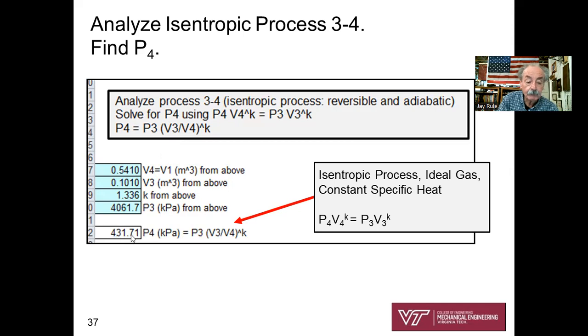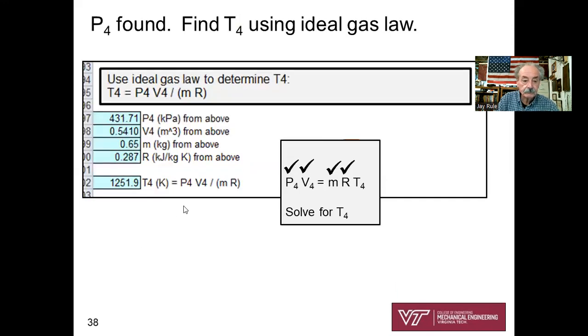P4 is 431.7 kPa. Next is to solve for T4. We use the ideal gas law, since we just found P4, to solve for T4, 1251.9 K. PV equals MRT for the ideal gas, always, always. So we solve for T4.